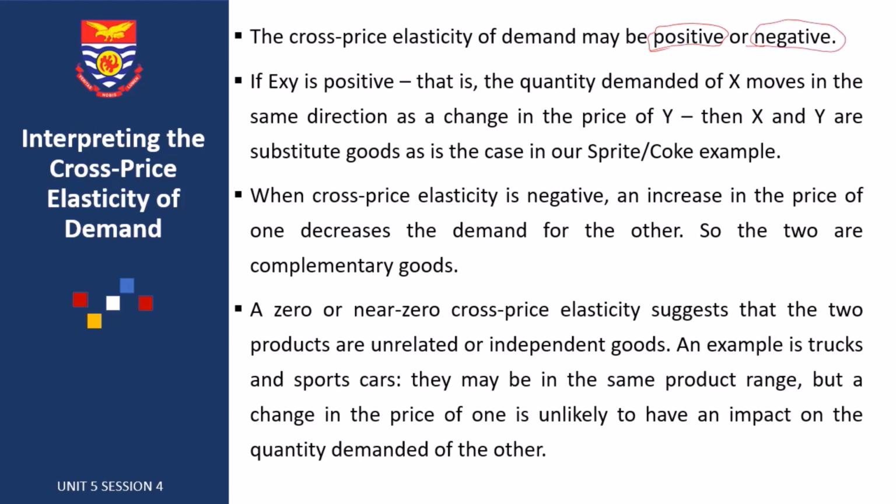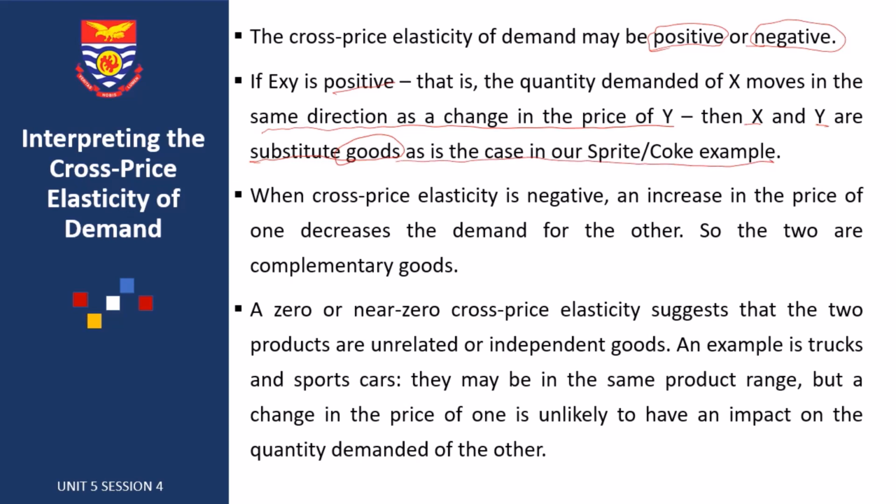Now, if it is positive, that is the quantity demanded of X moves in the same direction as the change in price of Y, then X and Y are substitute goods, as is the case in our Sprite and Coke example that we just solved.